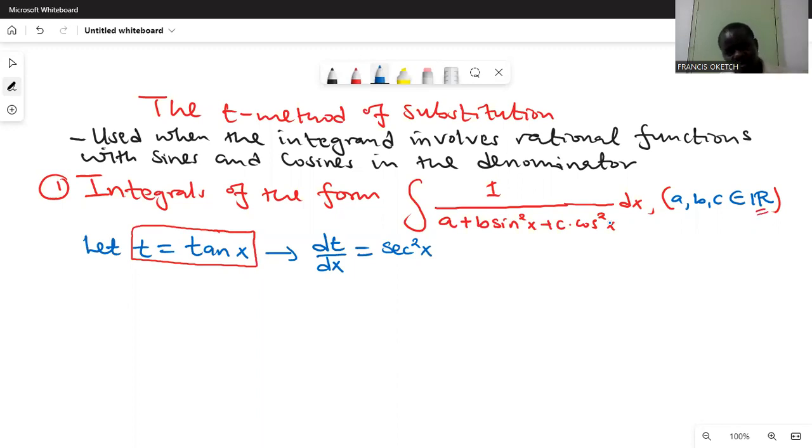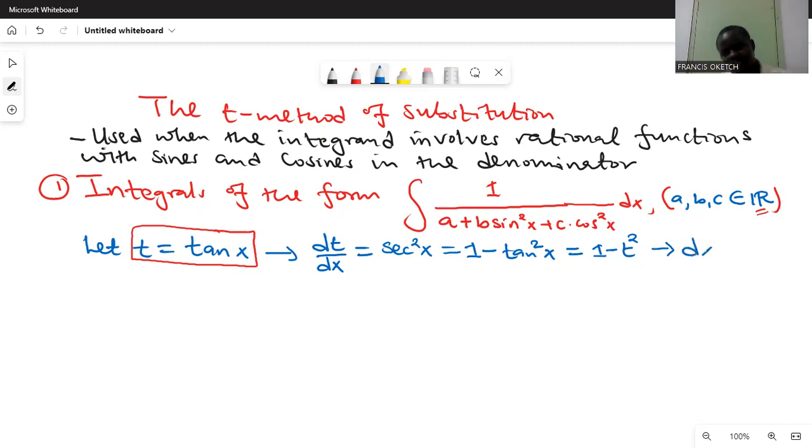So this can be written as 1 plus tan squared x. And we know tan x is equal to t. So when you square that, you get t squared. So we'll have 1 plus t squared. That is dt over dx.